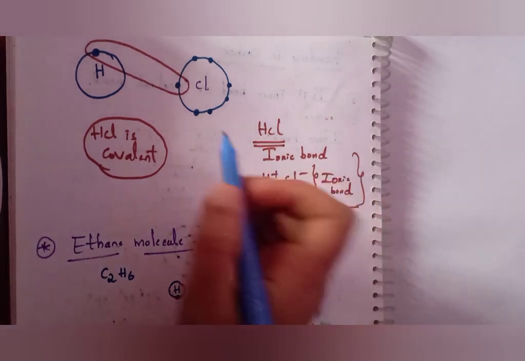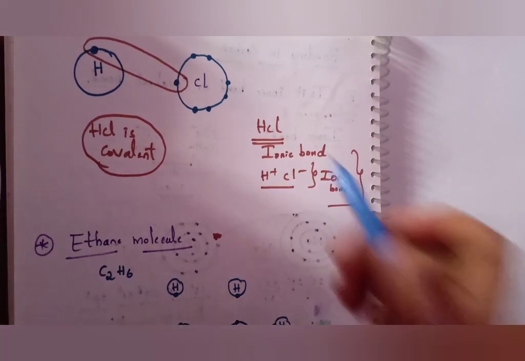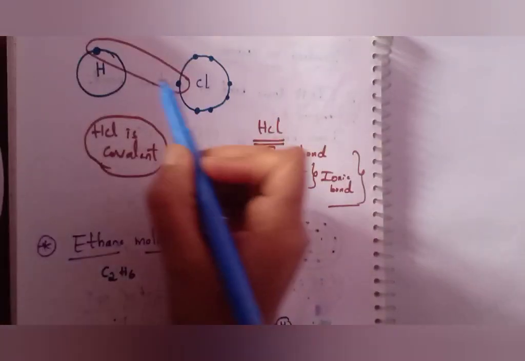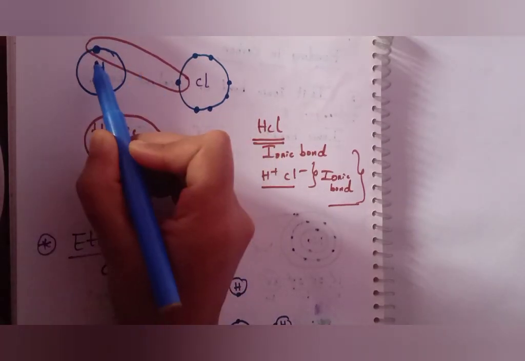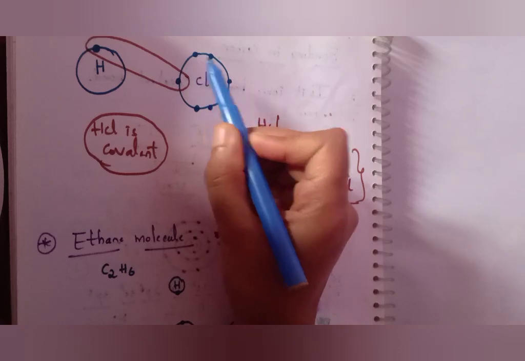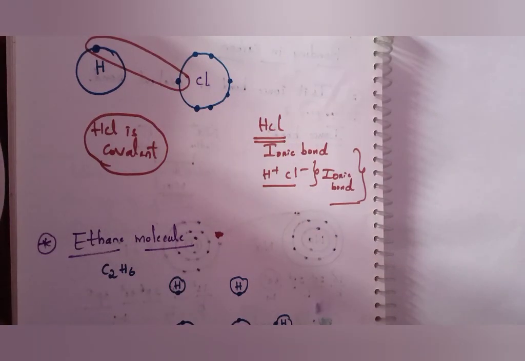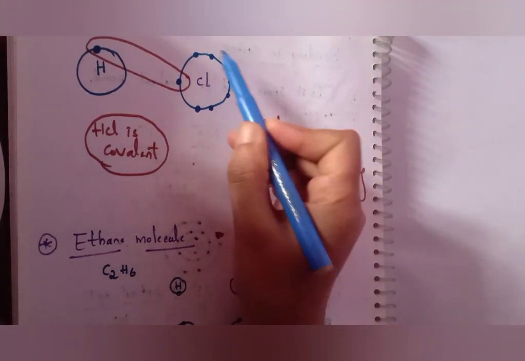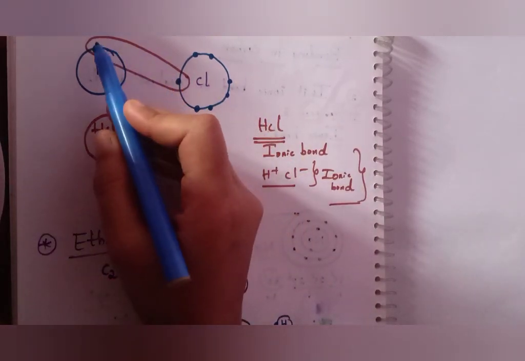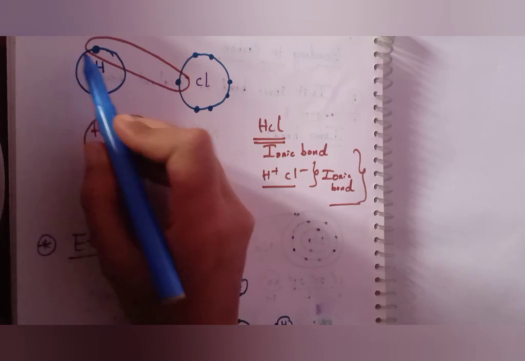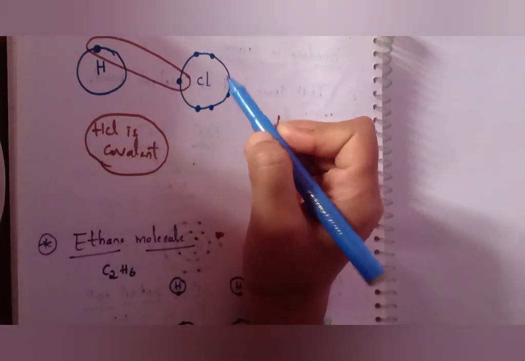So in order to get the 8 electrons in Cl, it has to share one of the electrons with the hydrogen. Then it will get 8 electrons. See here, in the outermost shell it consists of 7 electrons. If it shares one electron of hydrogen, then it will become 8 electrons.